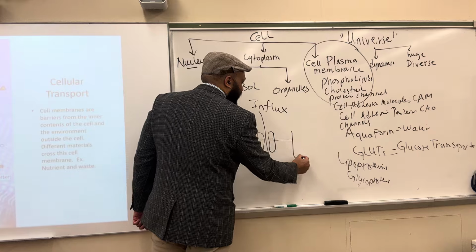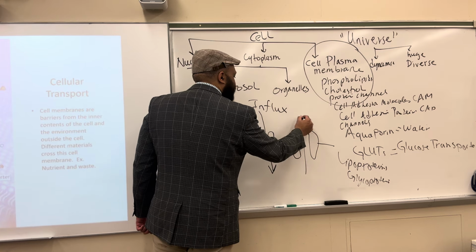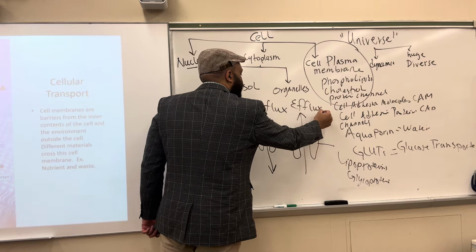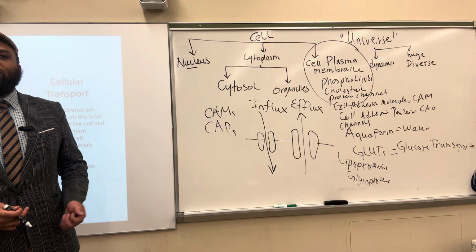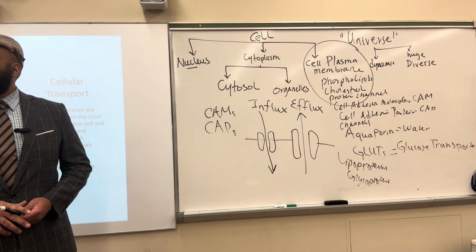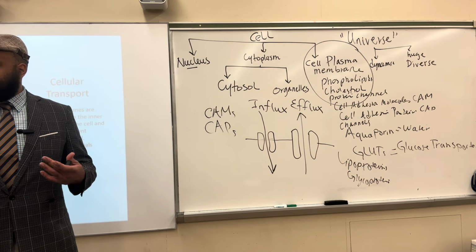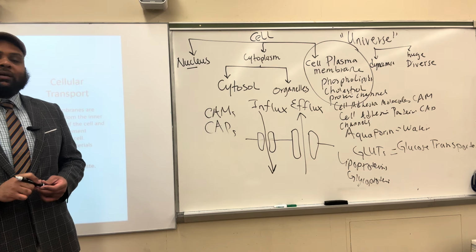While if we want to get rid of something and remove it, we're going to efflux, removing material from the inside of the cell to the outside. Usually we efflux waste, metabolic waste, stressful substances.